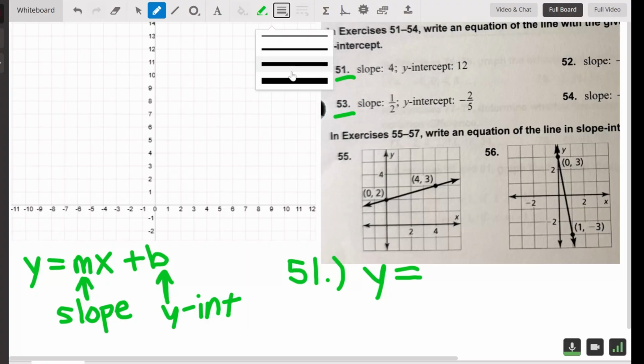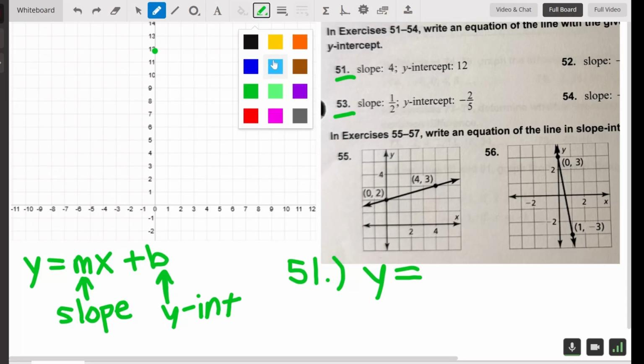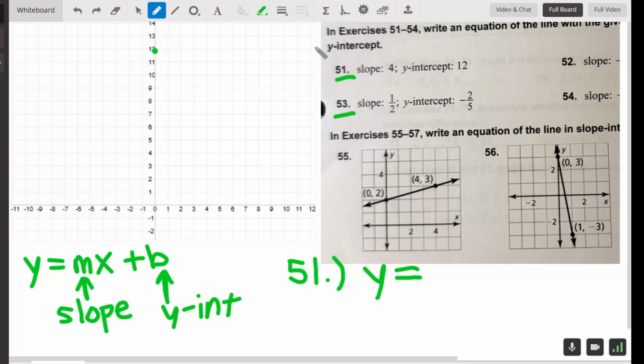That means we are right here, right? 0, 12, the coordinate 0, 12. This guy right here. Remember, your x on the xy is going to be 0 when we're talking about the y-intercept. So that coordinate, as we're looking on a graph, is 0, 12. That's what the coordinate is.